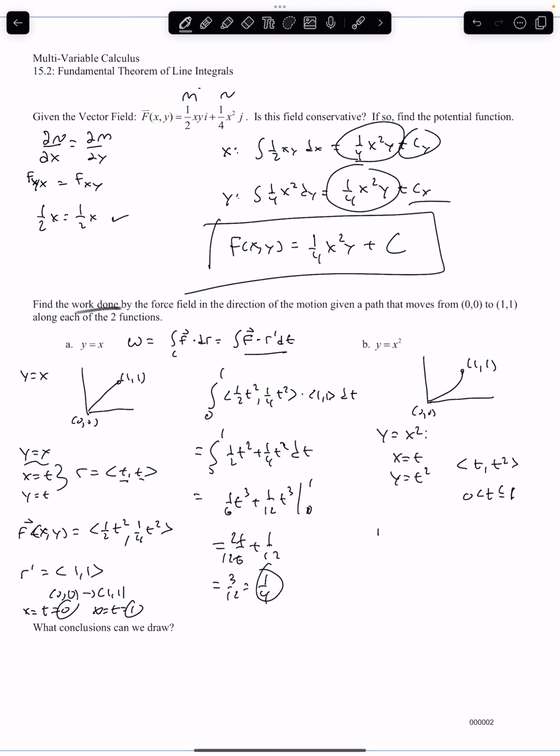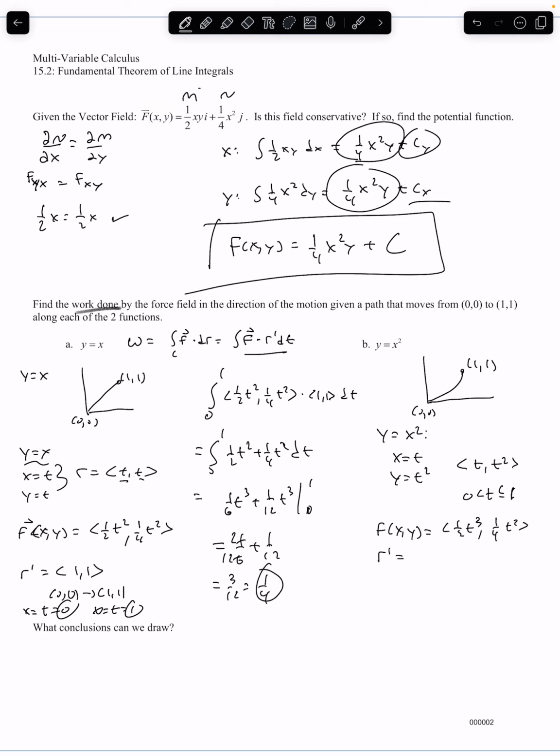So let's see here. Our vector field. Remember, it's up here. It's 1/2 x times y, so that's just going to become 1/2 t cubed. Same thing over here. Our y component is this 1/4 x squared, which just becomes 1/4 t squared.